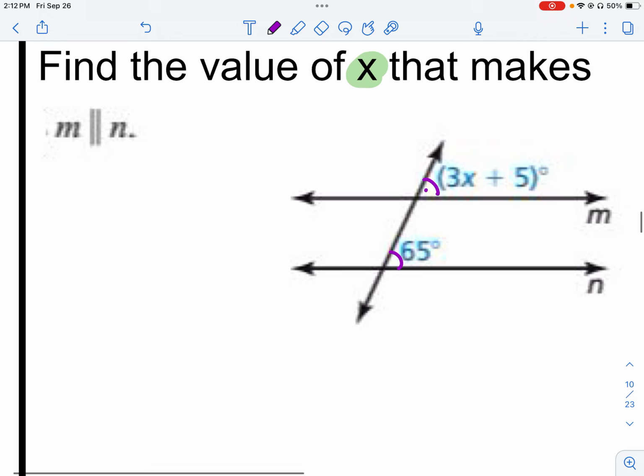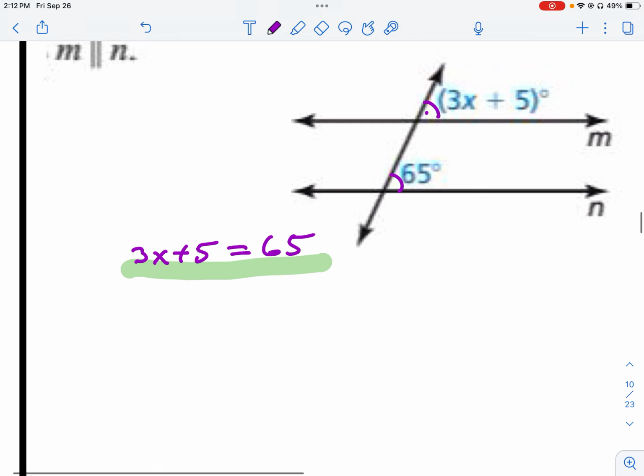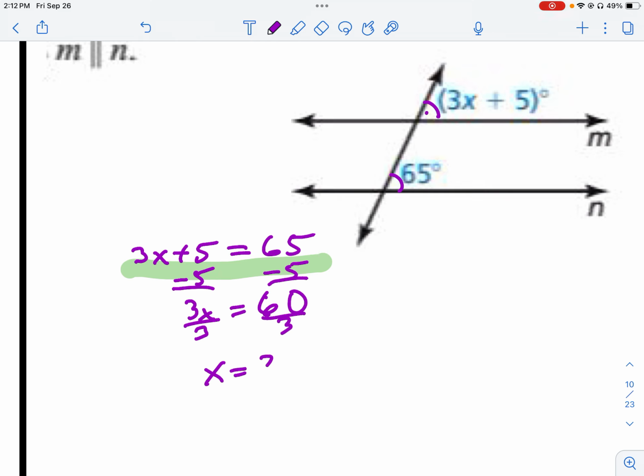So if their measures are equal to each other, so 3x, so when this is true, m will be parallel to n. So let's solve. Let's get the x's by themselves. Divide by 3. So when x equals 20, m will be parallel to n.